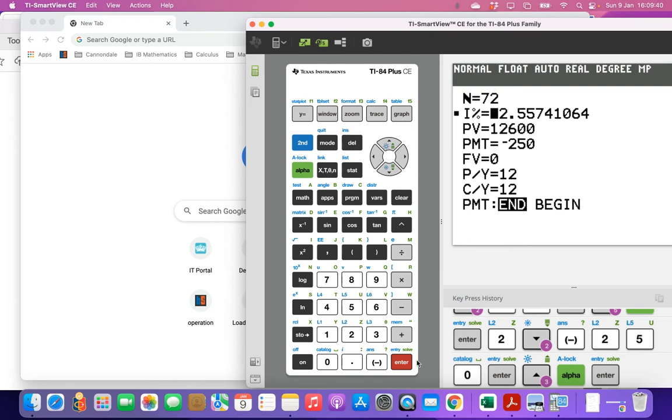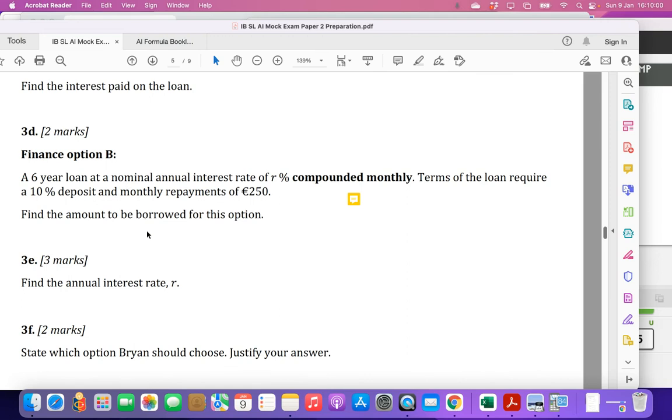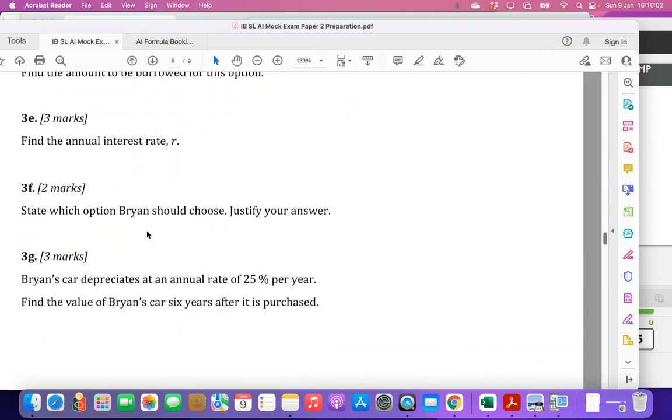But they wanted 2 decimal places, didn't they? Even though this isn't technically money. So I'm going to put 12.56% for my answer. And again, you can check the mark scheme and see if that's what they did.